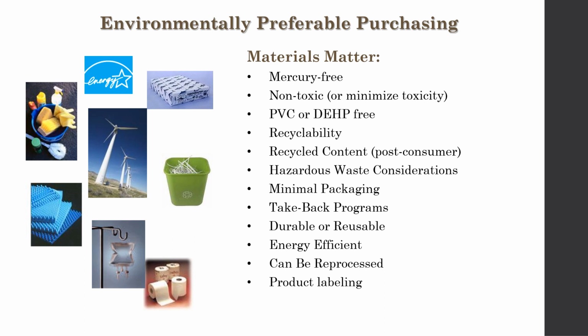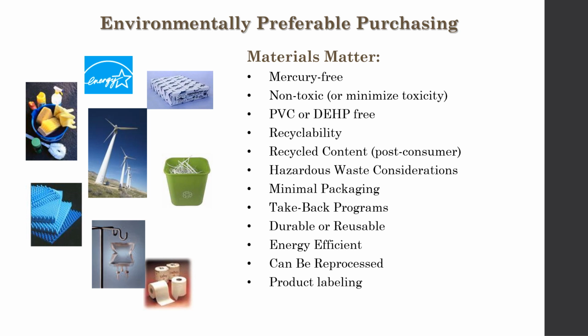Okay, let's talk a little bit about purchasing, material acquisition, and the aspects associated with those activities. Now, here's an example of just some different types of, we'll call them green purchasing initiatives, whether it's purchasing things with recycled content, whether it's specifying we want mercury-free or lead-free solder or products.